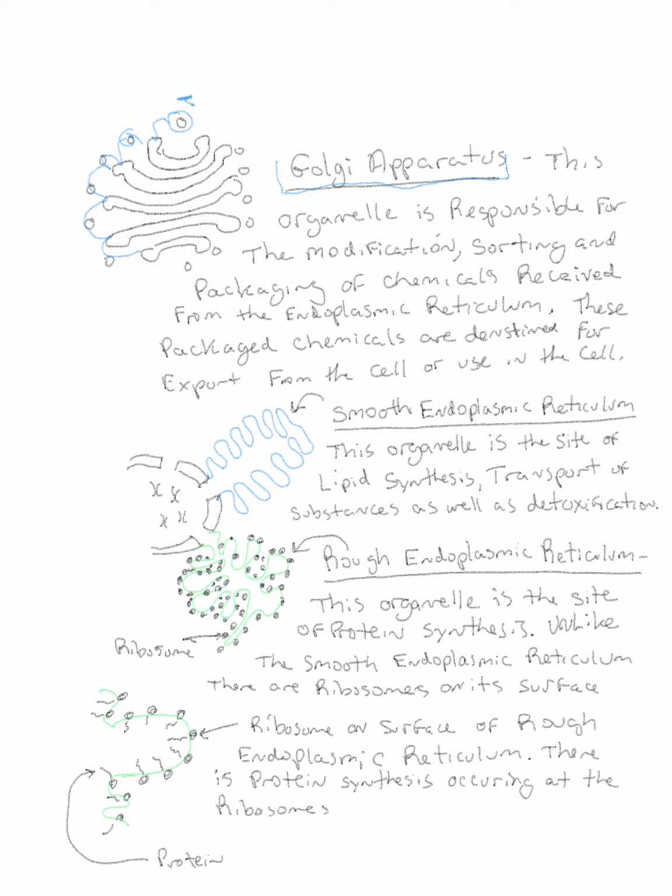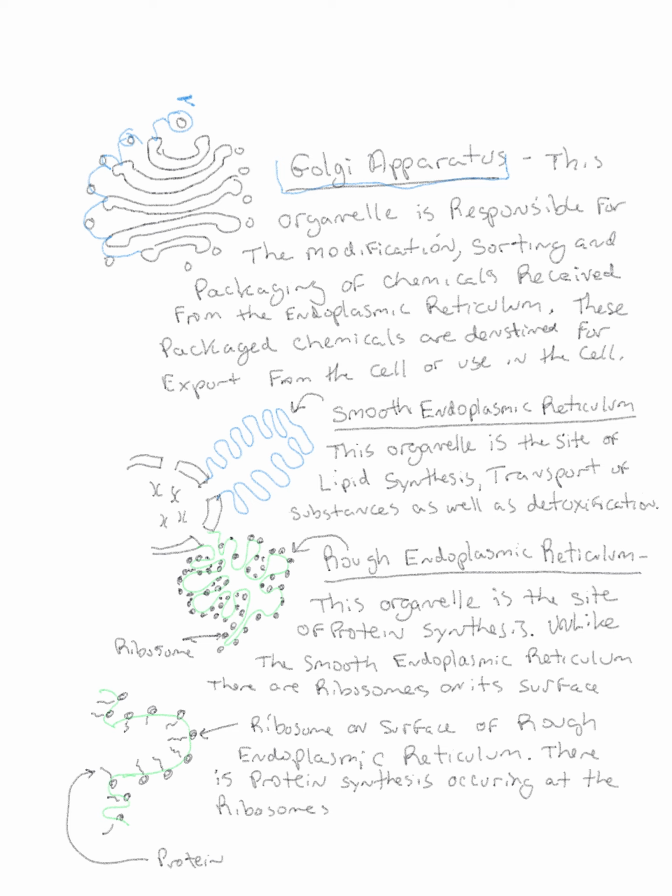Then they'll be sorted, and then they'll be packed up, and either they can be packaged and exported from the cell, or they may end up staying within the cell. It's kind of interesting because the Golgi apparatus can receive chemicals from both the rough and the smooth endoplasmic reticulum.